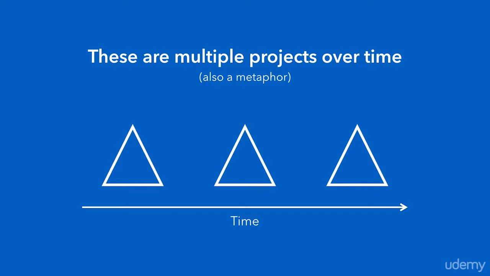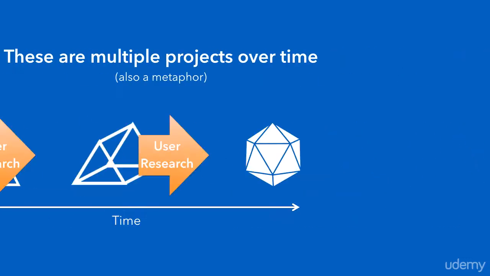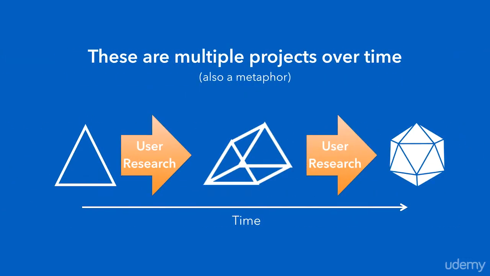Cool, so now that you understand that one, this is how user research is involved in a project. So with each successive round, unlike the last one where you're finishing one project and then starting a new one, user research is designed to help you iterate on an existing project. So we'll look at that first triangle as a metaphor for just a first early stage of a single project.